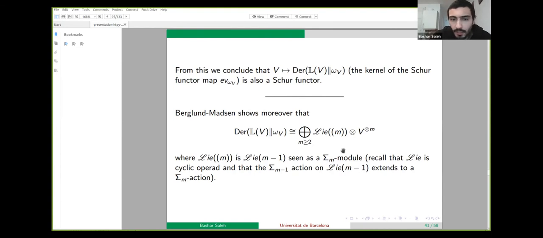I guess I don't know much about this graph homology thing, but I guess it's because of this. Kontsevich associated graph complexes to cyclic operads, and from this they could also make this association with the stable homology with the graph complexes.